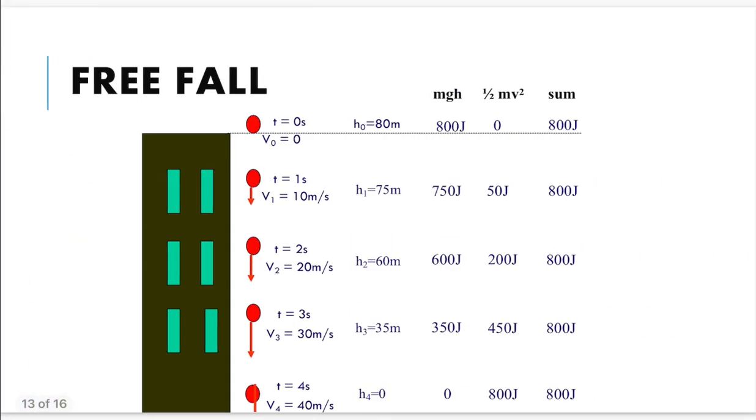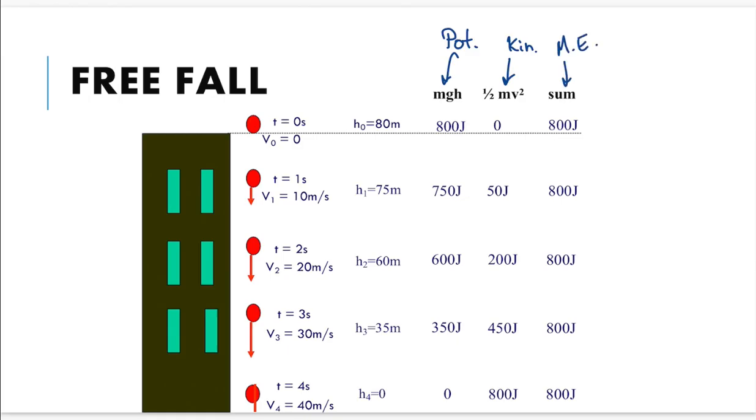So we are able to see that if we start out with a potential energy of 800 joules, then we have no kinetic energy. So remember that this is potential energy and this is kinetic energy. And the two of them together have to keep the same total mechanical energy. So this is mechanical energy.